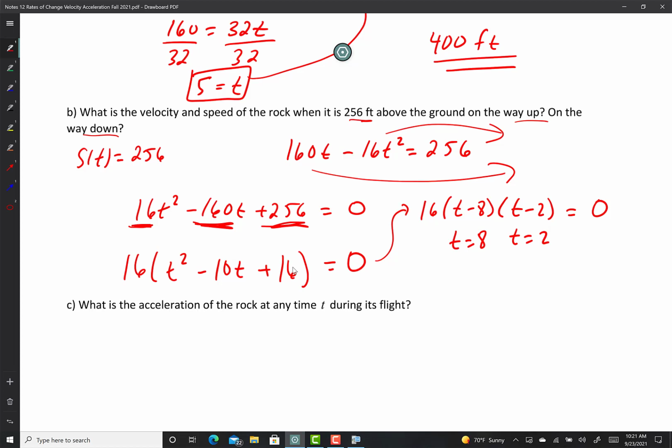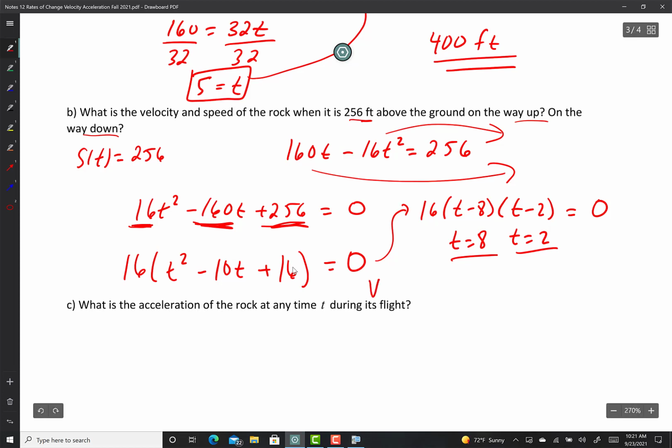Okay. Now that I already got this, don't they want my velocity? I have a 99% feeling that the speed's going to be the same because it's symmetric, if you have an idea of how motion works, neglecting wind resistance.